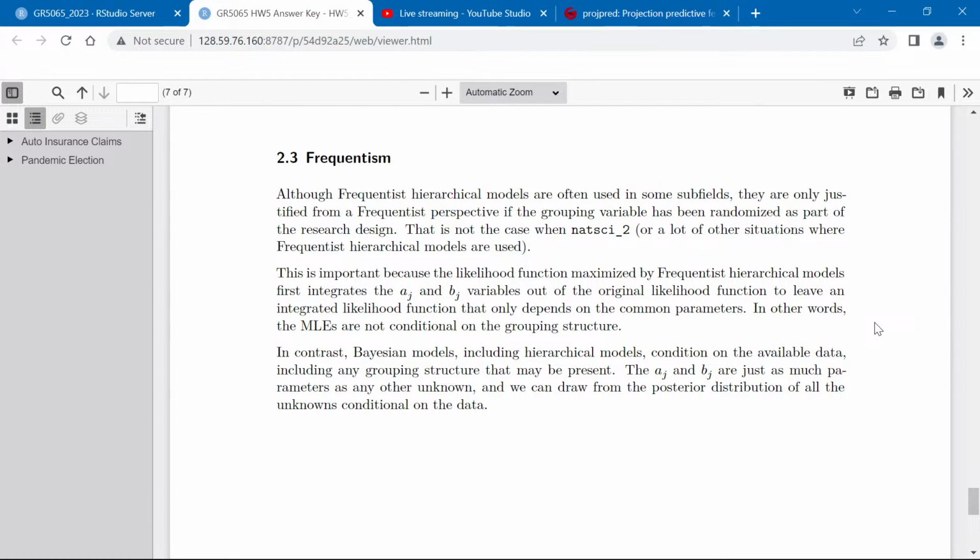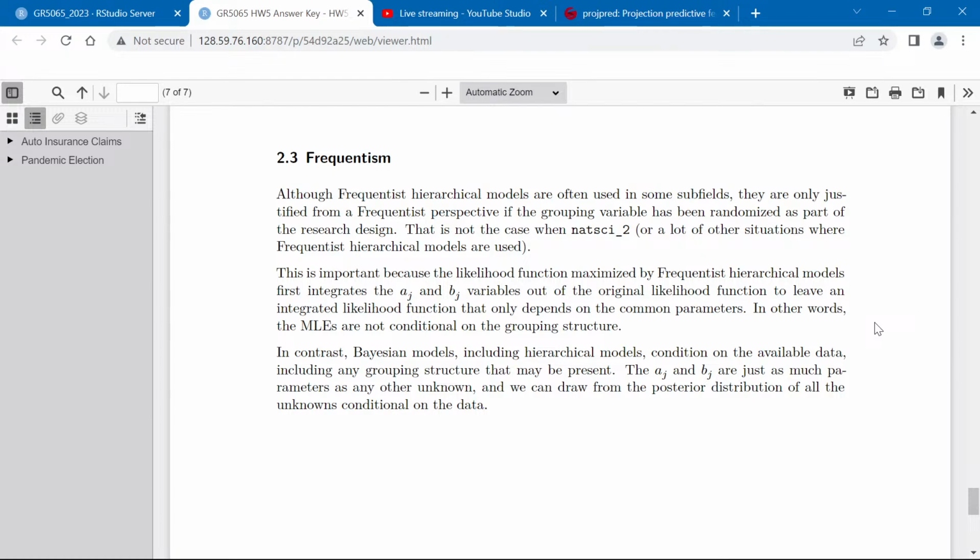analytically or numerically, they integrate out these A's and B's from the original likelihood function to get a new likelihood function that only depends on the common parameters, the alpha and the beta and the sigmas and all that. And thus, the maximum likelihood estimates that you get out are marginalized over the grouping structure, not in any way, shape, or form conditional on the grouping structure.